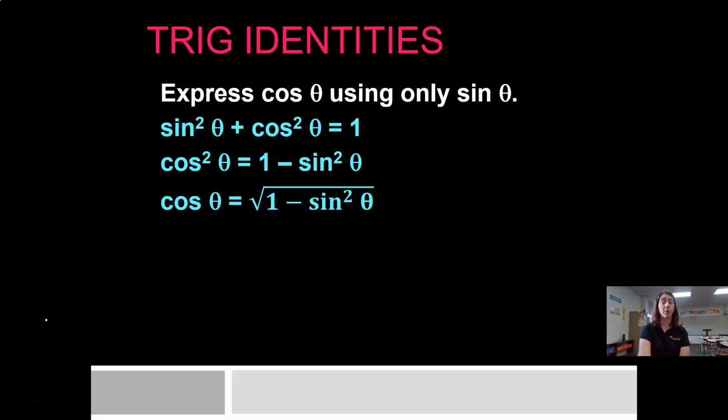It is the square root of 1 minus sine squared theta. So that would be the answer. I've written cosine, I've expressed it as some sort of identity, as some sort of equation, and in that equation, I have only used sine. It's okay that I have a number sitting there, but I don't have a cosine ratio on the right-hand side, and I don't have a tangent ratio on the right-hand side either.